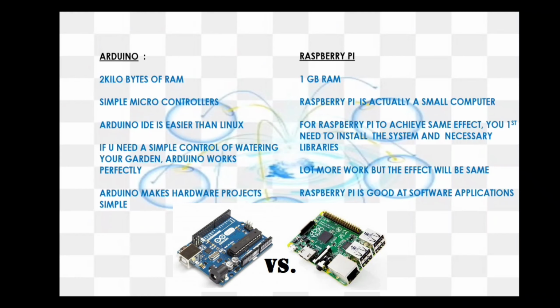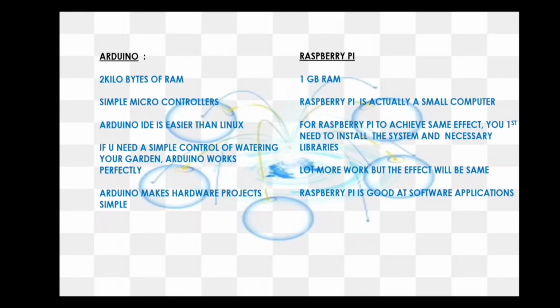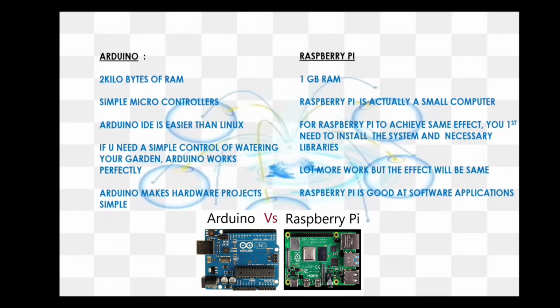Arduino RAM is 2 kilobytes, and the Raspberry Pi has 1 gigabyte RAM. Arduino is a simple microcontroller, and Raspberry Pi is actually a small computer. The Arduino IDE is easier than Linux.